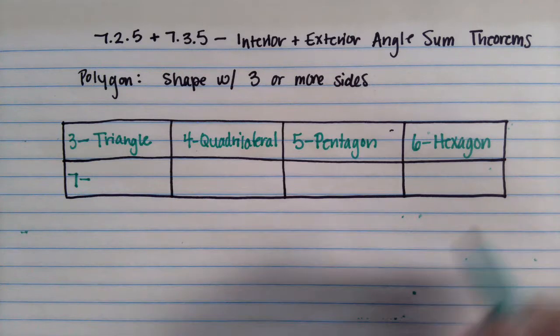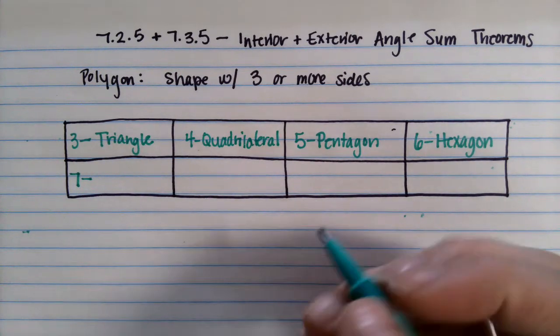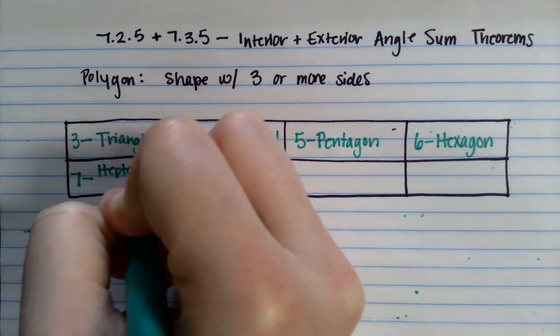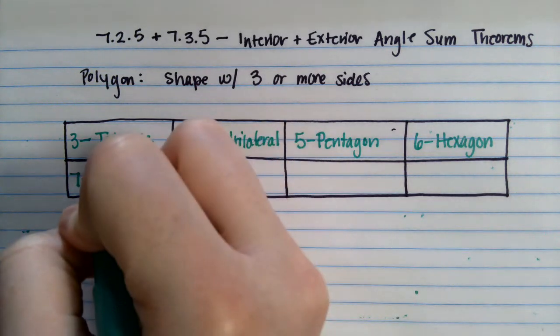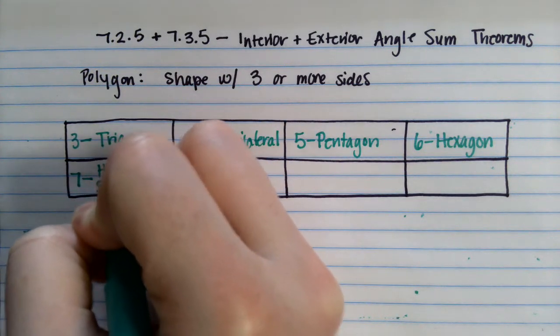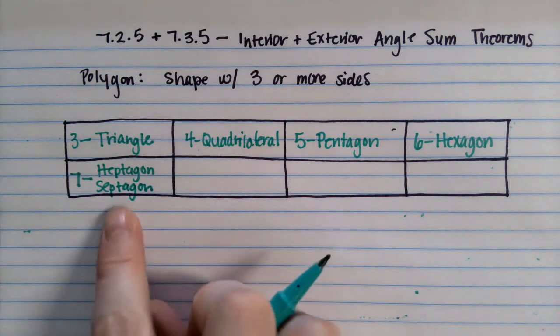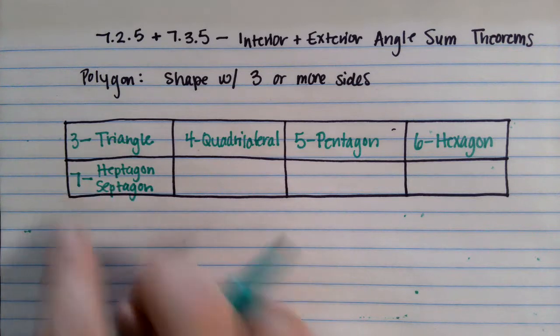One is a little bit outdated, so sometimes it's still used, but they're trying to switch. So it's either called a heptagon or a septagon. Super similar, just the first letter is different. So heptagon or septagon, they're both 7.